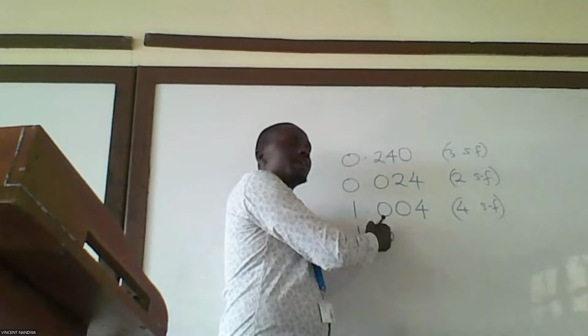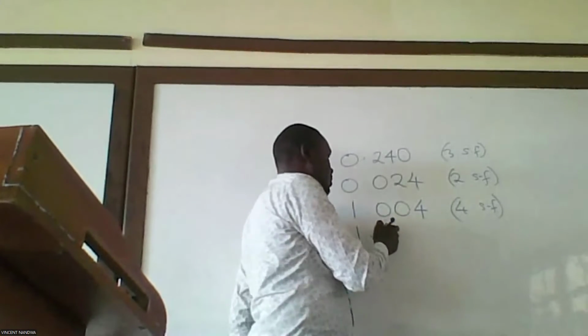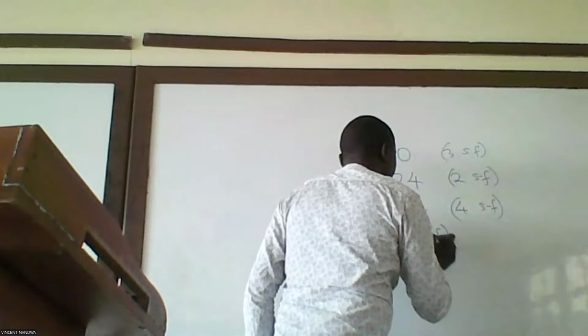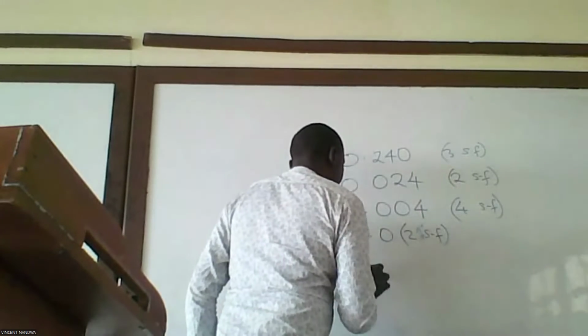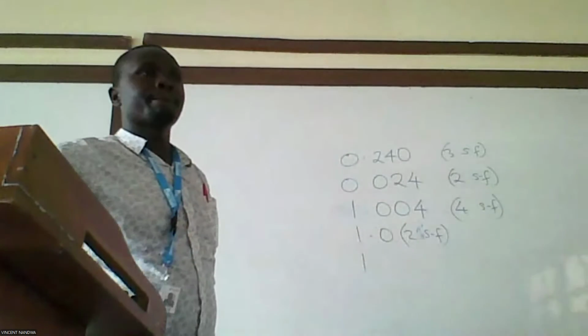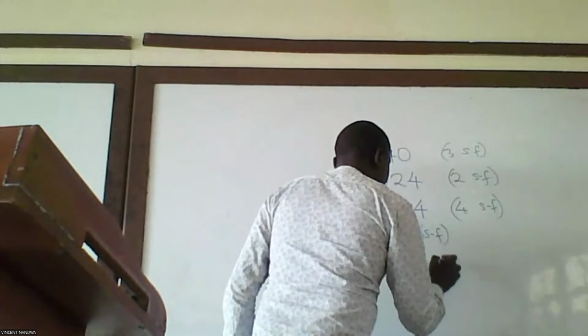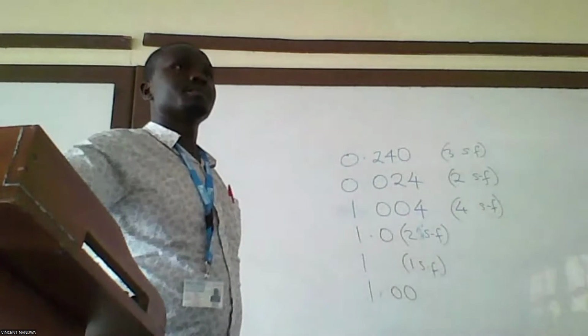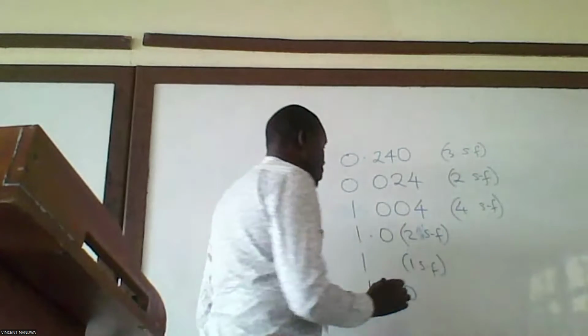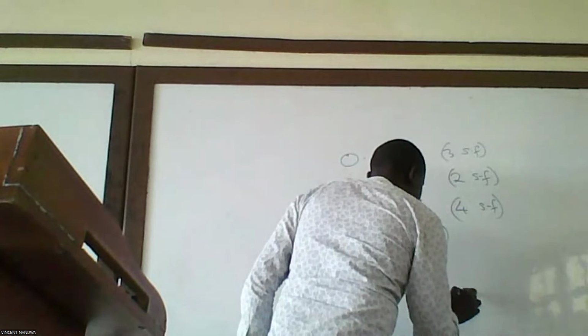It is significant by the position of this number. So 2 significant figures. Then 1 significant figure. Then 1.003. So I hope you are seeing the difference here.